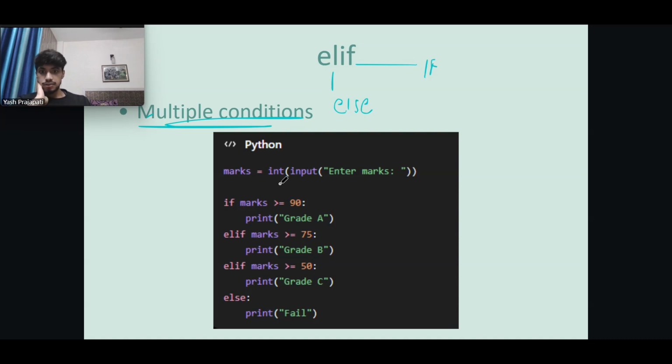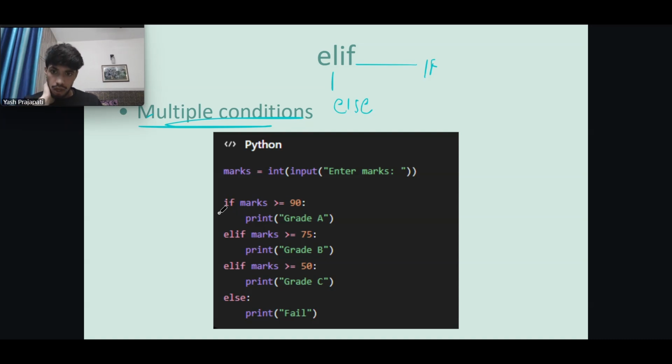So here is a question that is taking an input, marks, int input, enter marks. This question says that we are printing a grade according to the marks of a student. So how will we know the execution of the question?